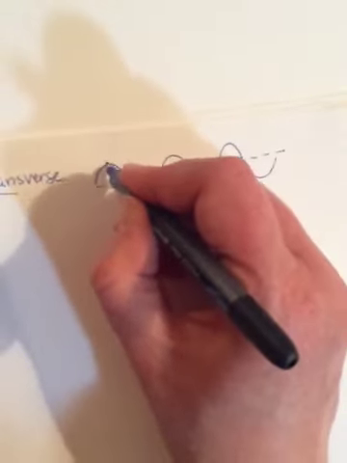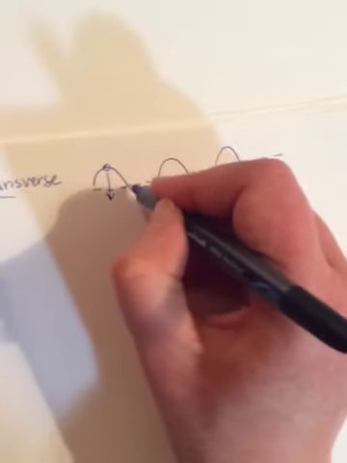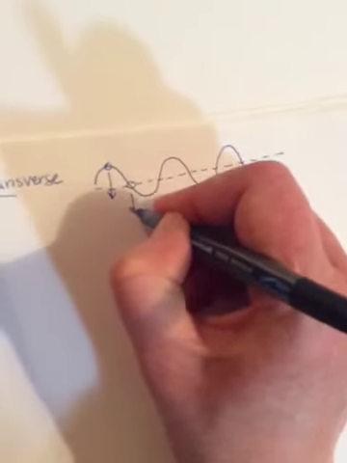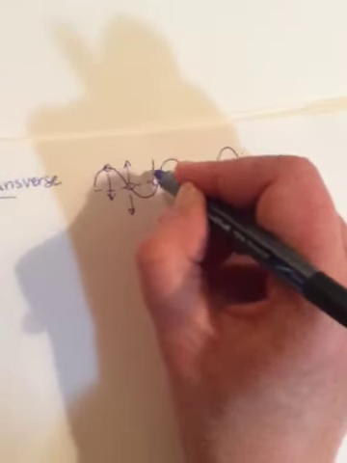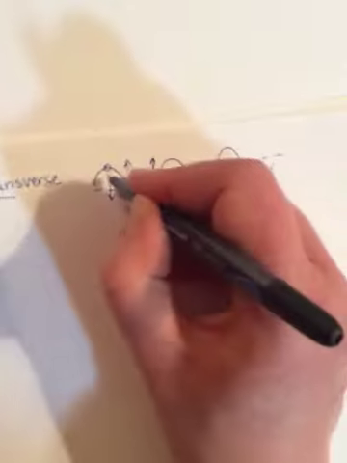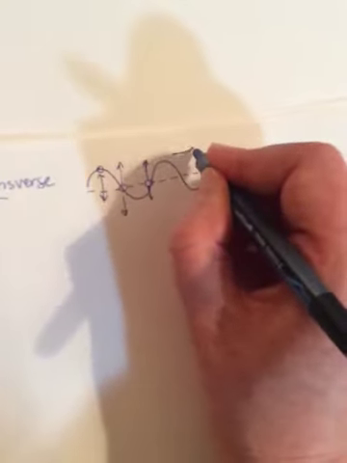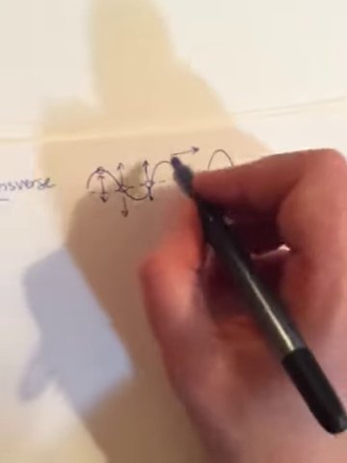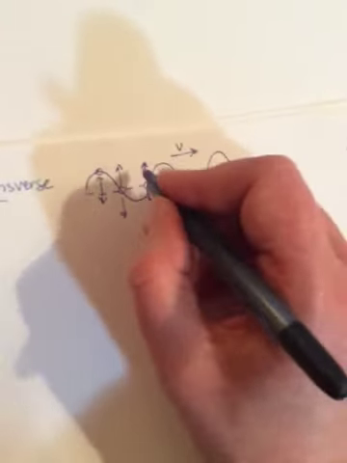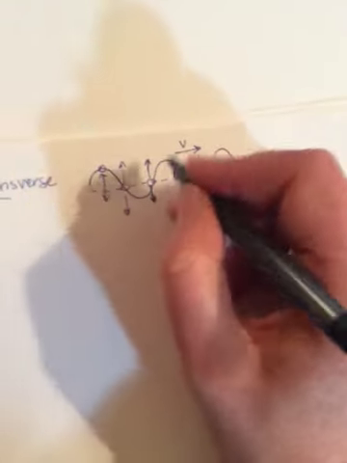Each little molecule in this wave is vibrating up and down. Right? Every one of them. The wave itself, though, is going this way. And so transverse waves are where the direction of motion is perpendicular to the direction of vibration.